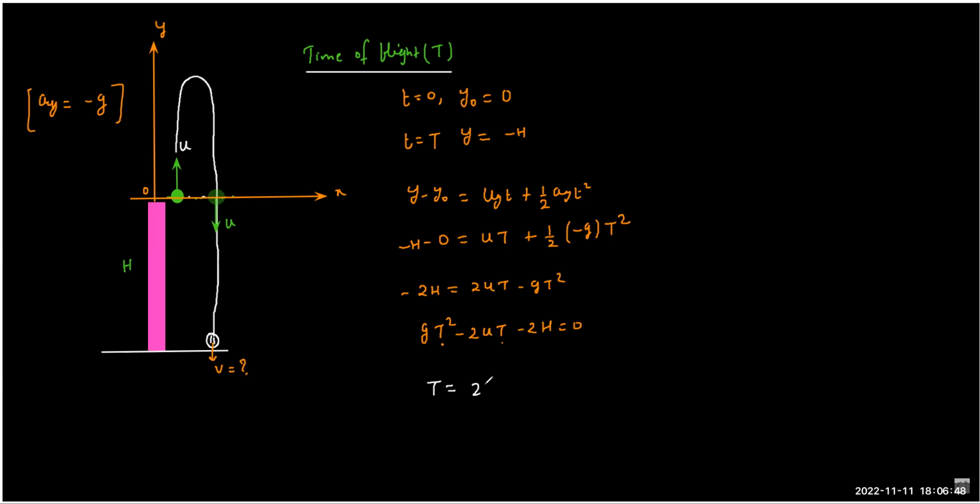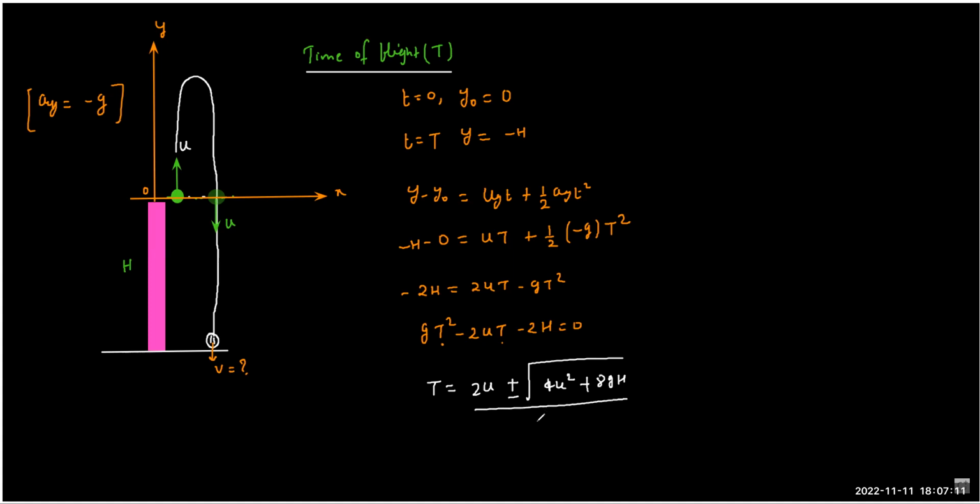So minus b means 2u because it is already minus 2u. So minus b plus minus under root of b square. How much? 4u square. Minus 4ac. How much? Plus 8gh. Excellent.